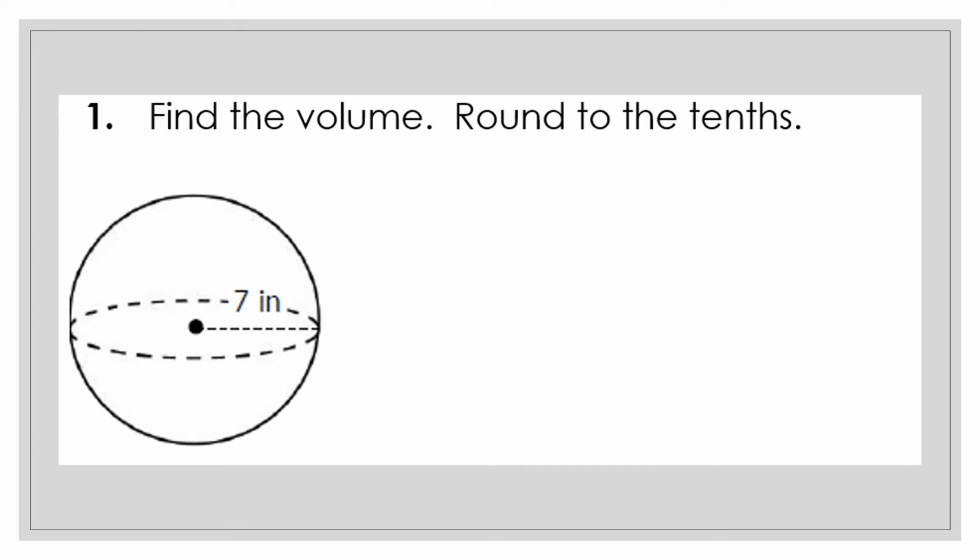For number 1, we're finding the volume of the sphere. We're going to round to the tenths place. We need to know our volume formula: 4/3 pi r cubed, where r is the radius, which is 7. When you're using a calculator, whether you're using a TI-36X Pro or Desmos, whatever you're using, just be really careful as you type in your values.